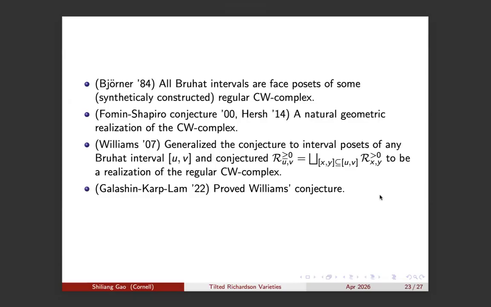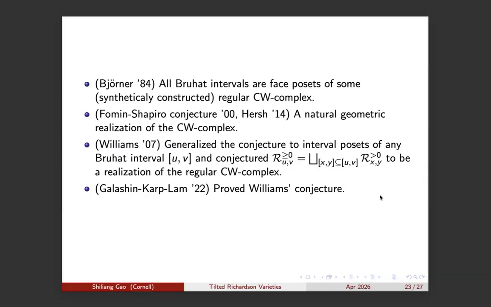And building on work of Rich and Williams, Gaussian, Karp, and Lam proved this conjecture. So for us, we've mentioned all these nice properties that Richardson varieties have, and we are able to generalize them to tilted Richardson varieties.